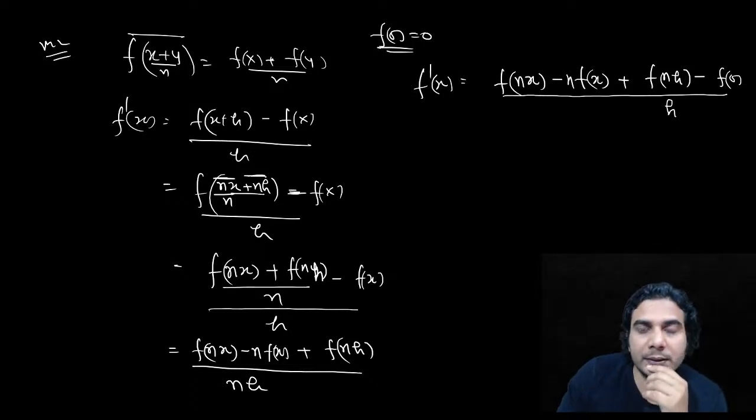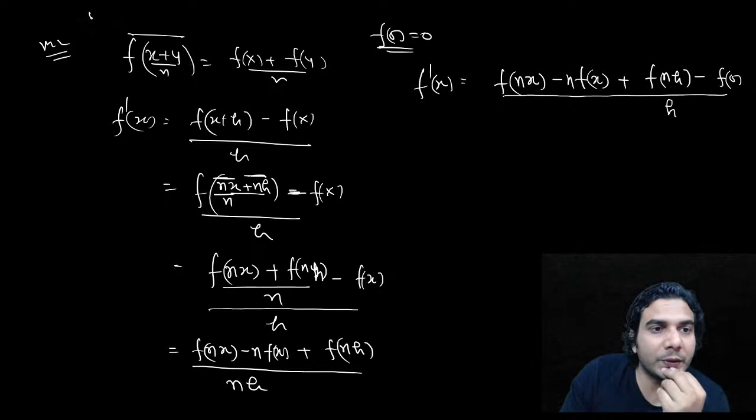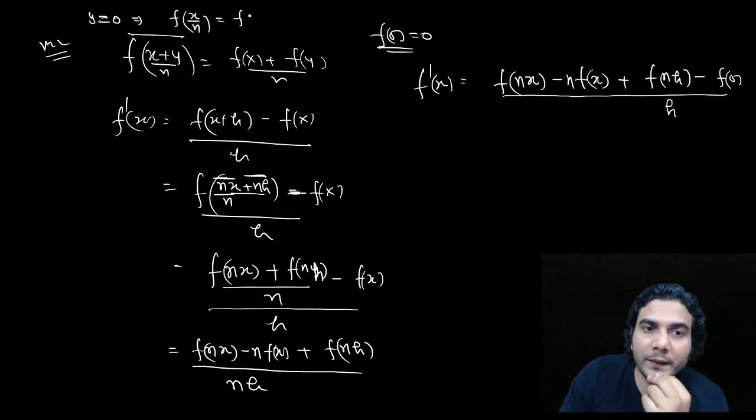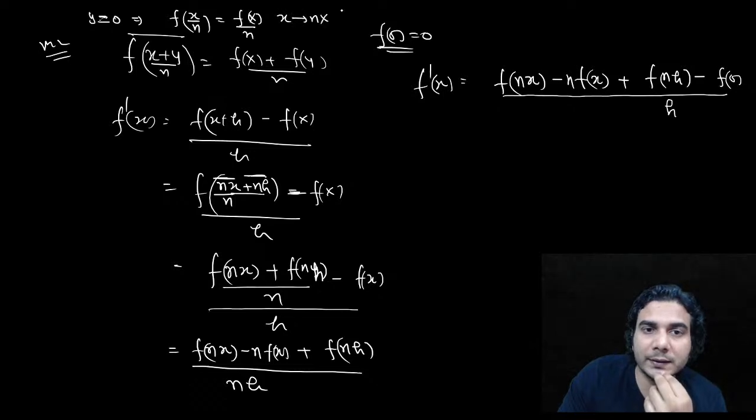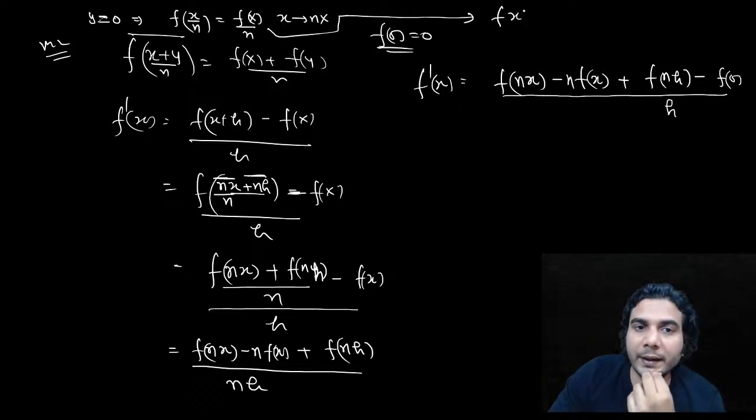Now see, in this equation, if I put y is equal to 0, you'll get f of x upon m is equal to f of x upon n, right? And if you replace x by nx, then this equation is going to be f of x is equal to f of nx divided by n.